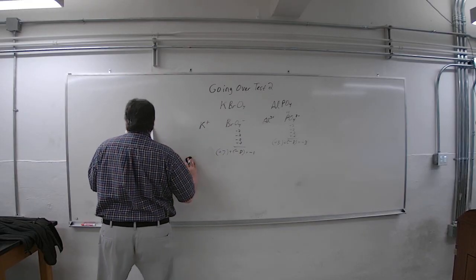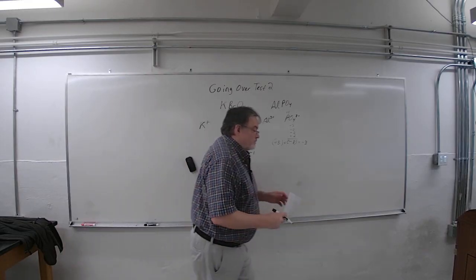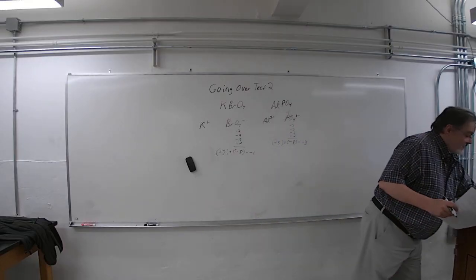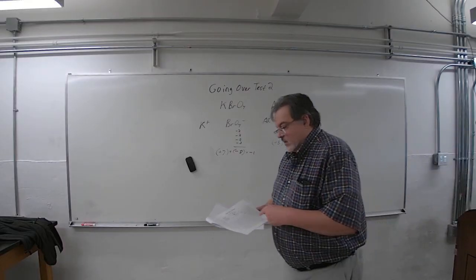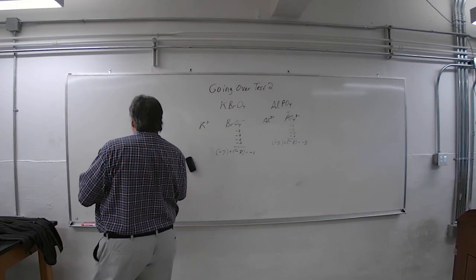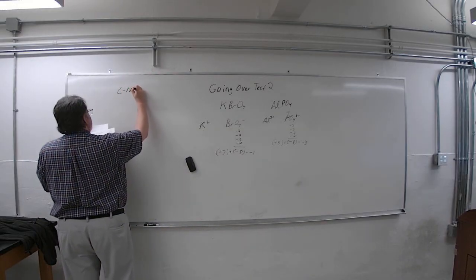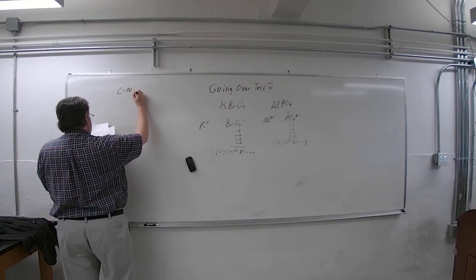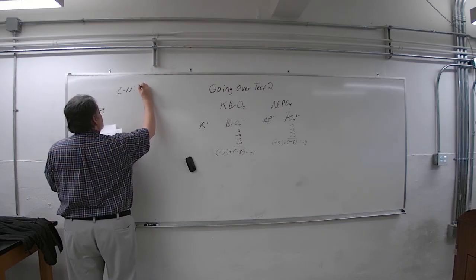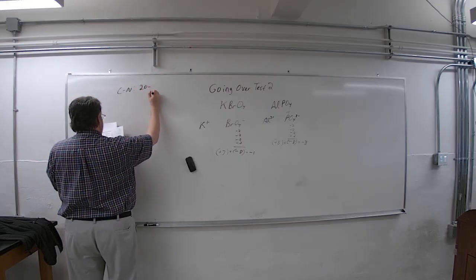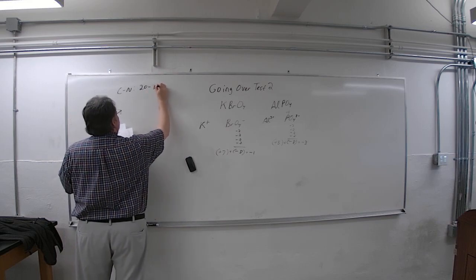For the polarity one, least polar. So we've got carbon and nitrogen. Carbon is 2.5, nitrogen is 3.0.